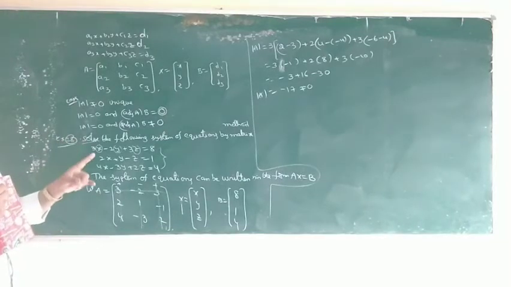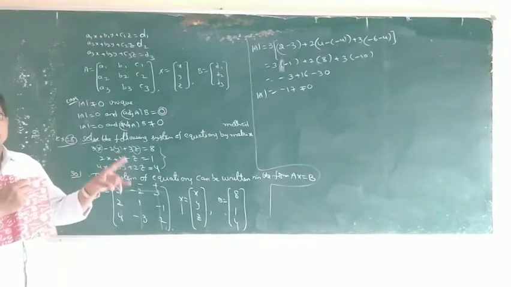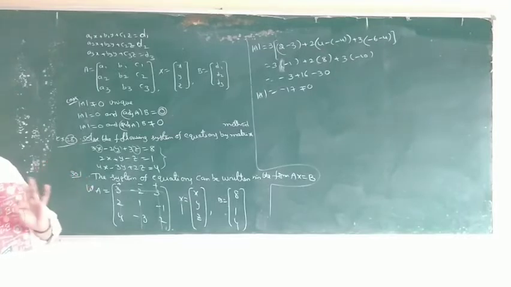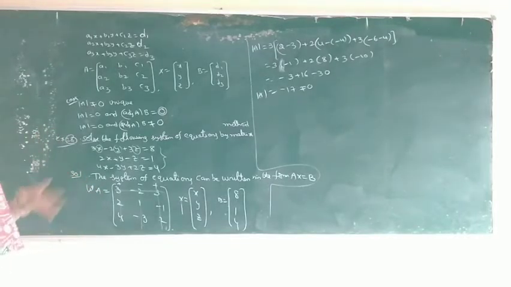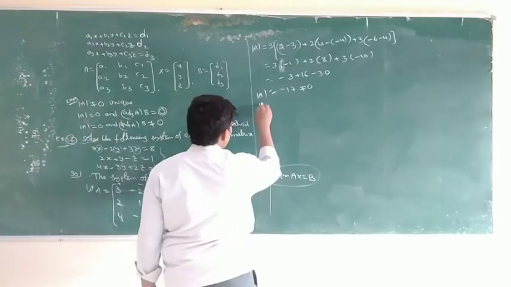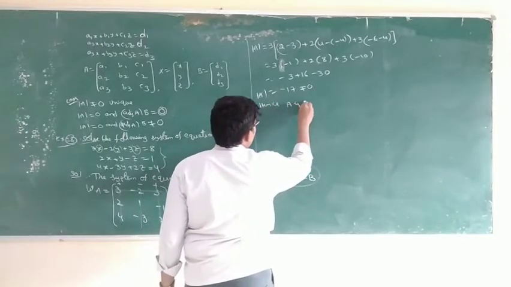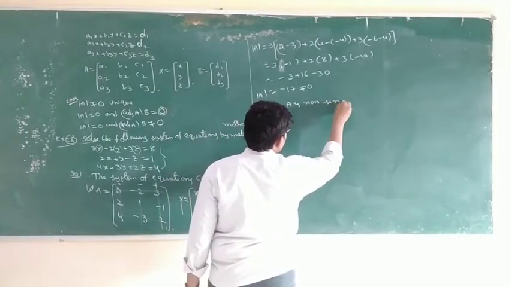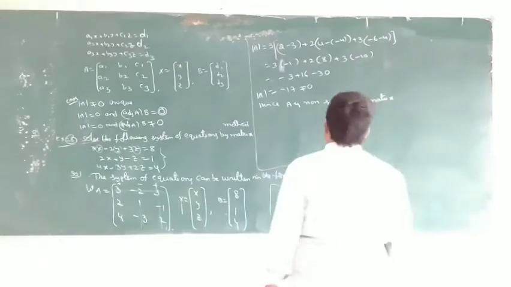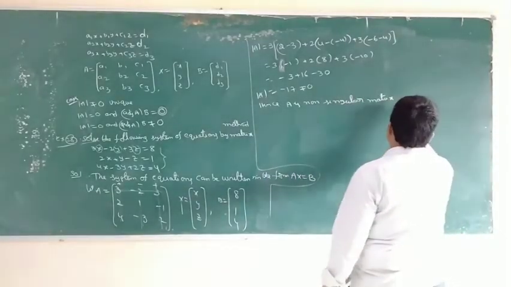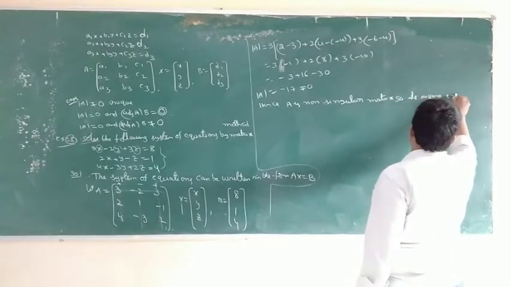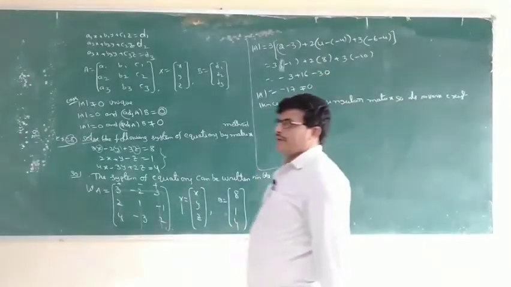So if the determinant of A is not equal to 0, then the inverse exists. If the determinant is equal to 0, the inverse of the matrix does not exist. So the determinant of A is not equal to 0, so the inverse exists. Hence A is a non-singular matrix, so its inverse exists. This is the first step: find the determinant of A.